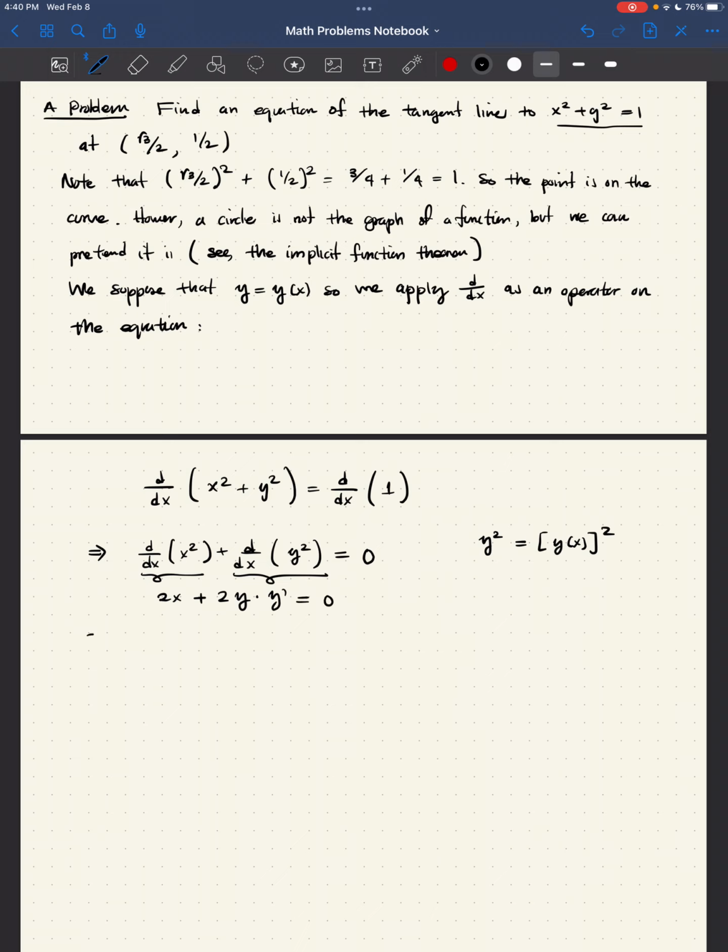Well, from here, it's just a matter of algebra, because now I have that 2y times y prime is equal to negative 2x, which is the same as to say that y prime is equal to negative 2x over 2y, that is, negative x over y.